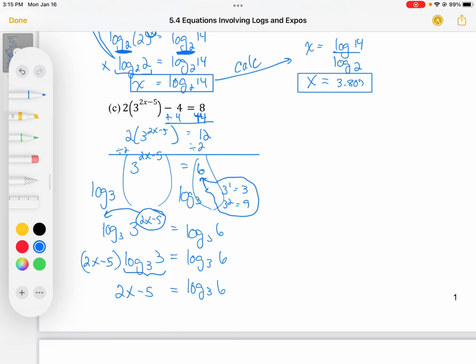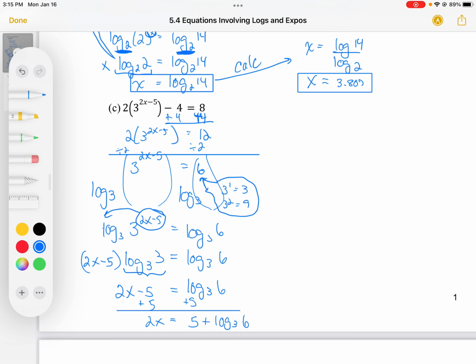Now, I just need to get my variable alone at this point. So let's take this, and we're going to add 5 to both sides. We got 2x equals 5 plus log base 3 of 6.